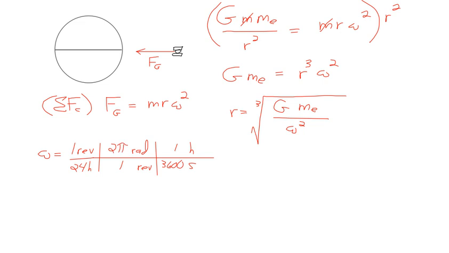So I'm not using the radius of the Earth here. I'm using 2 pi radians equals 1 rev. And if you solve that, what do you get for the omega? Somebody should have this answer if you actually did this as homework like you were supposed to. Yes. Okay, in scientific notation, that would be 7.2.